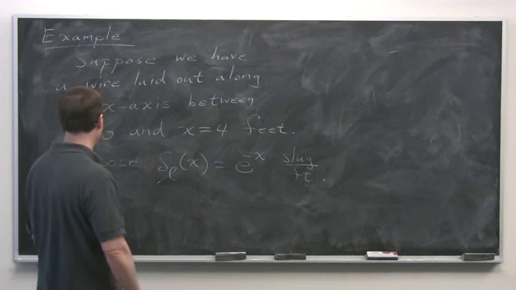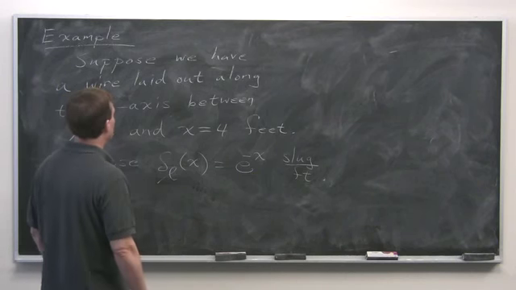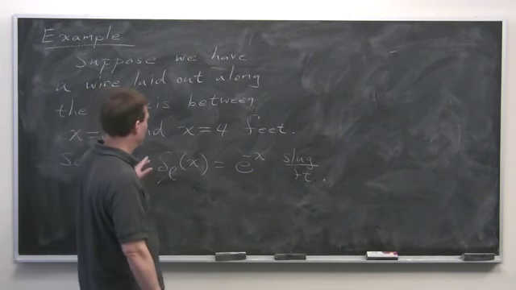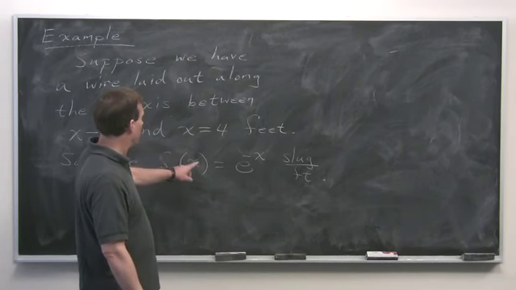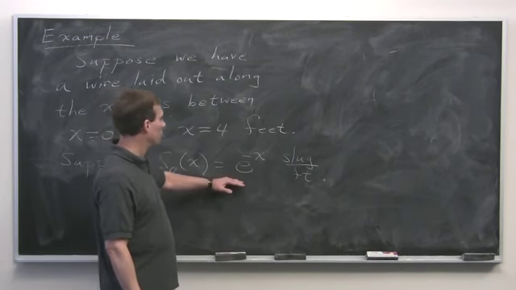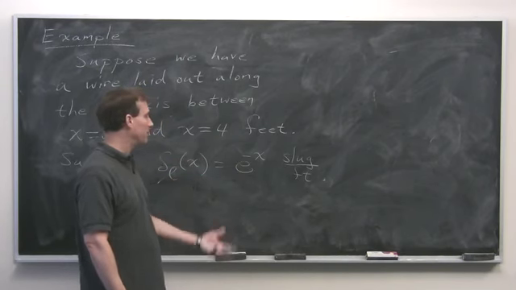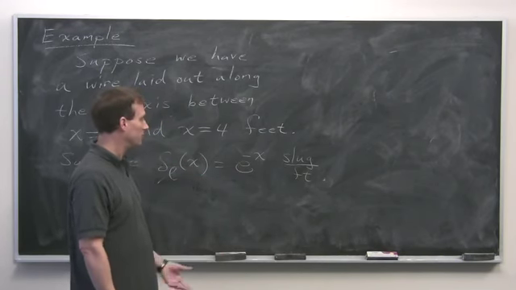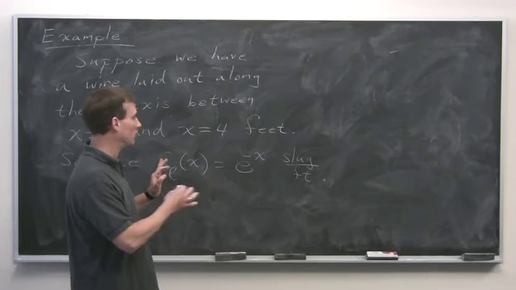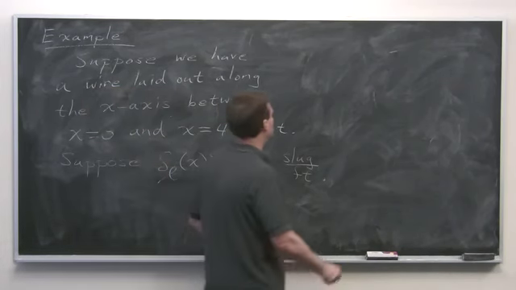You just keep writing slug. So the density when x is 0 is 1 slug per foot, but when x is 4 it is e to the minus 4, so 1 over e to the 4th slugs per foot. So it's much less dense on the right than on the left.